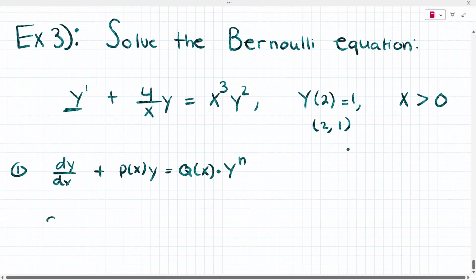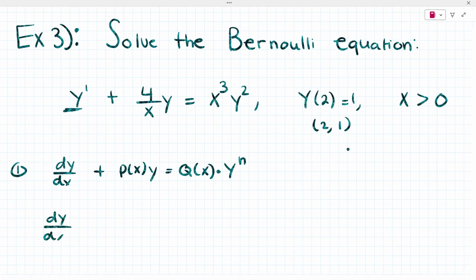And so it's going to be dy/dx plus my p of x, which is 4 over x, and then it's q of x times y to the n. So my q of x is x cubed, and my y^n is y squared. Okay, so my y^n is definitely y squared.